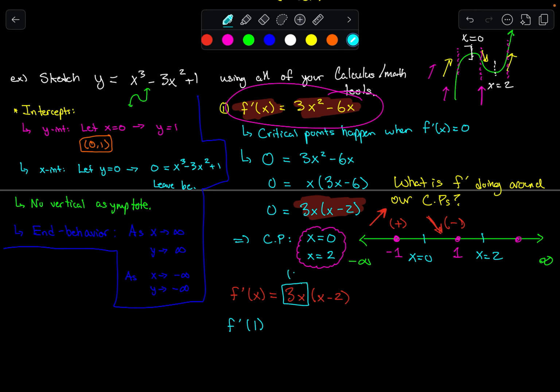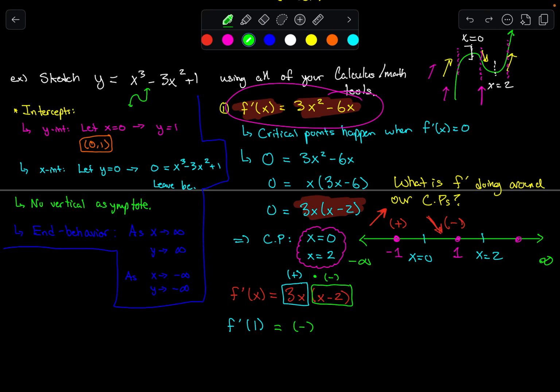Okay, that's going to be a positive number. What kind of number is this if I plug in 1? Well, that's going to be a negative number. Last time I checked, what kind of number do you get when you multiply a positive and a negative? You're going to get a negative number, and that matches what we got here. It's a really slick trick to save you a lot of work in doing these calculations.